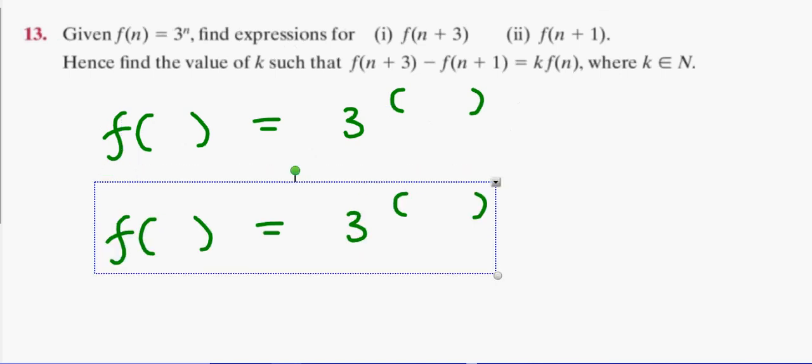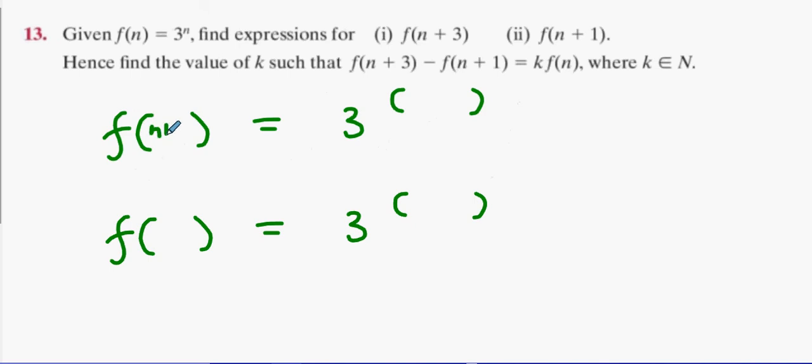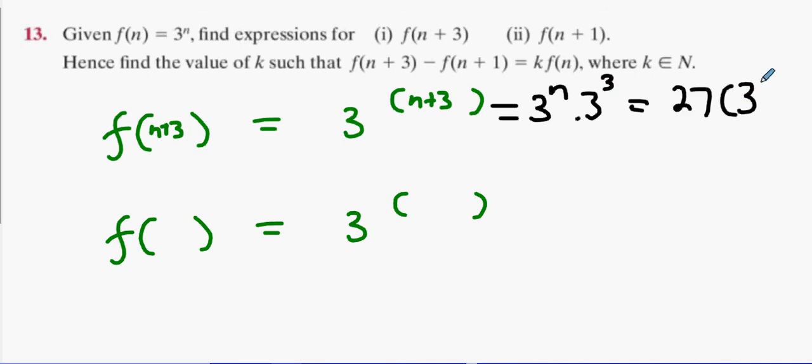What happens when you put in n plus 3? What does that make it? Everybody agrees it turns into that? And what can I turn that into? 3 to the power of n by 3 to the power of 3. And what is 3 to the power of 3?